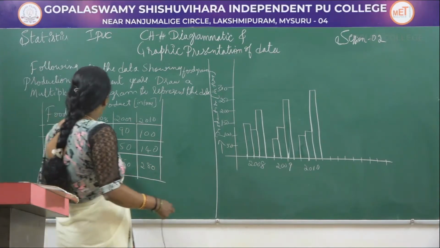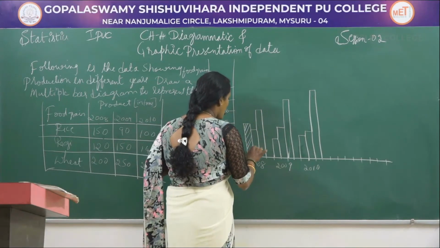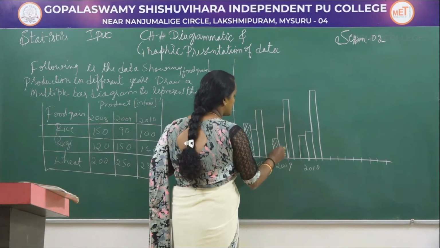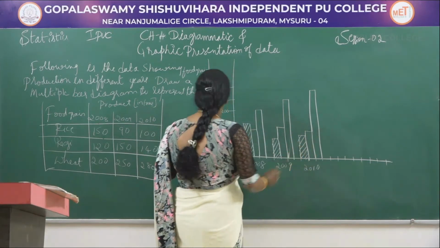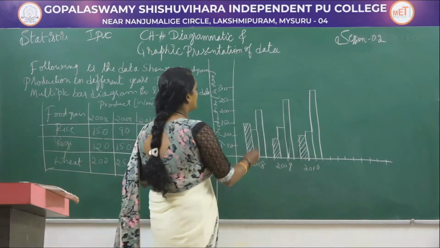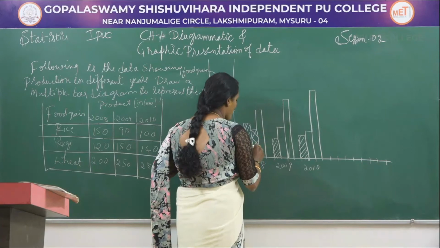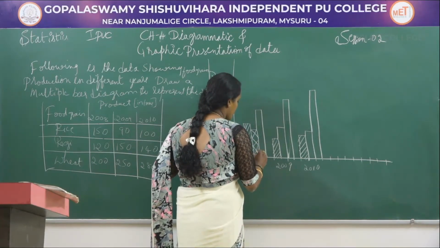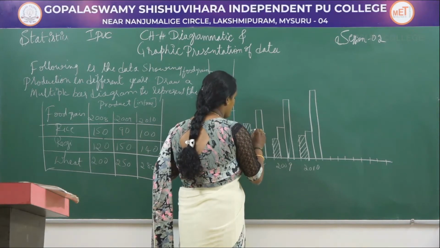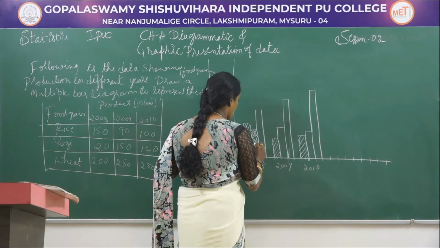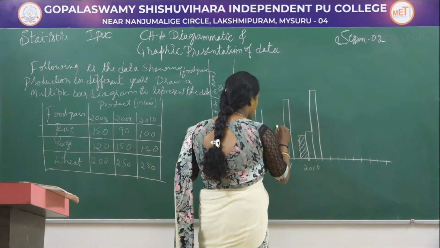Okay, for rice I will give a shade like this. In all the years, for rice I will give the same shade. See here. Next, for ragi, I will give another shade, the same shade in all years.